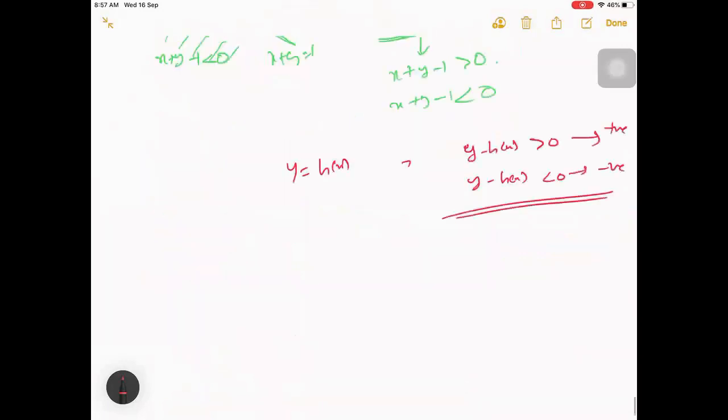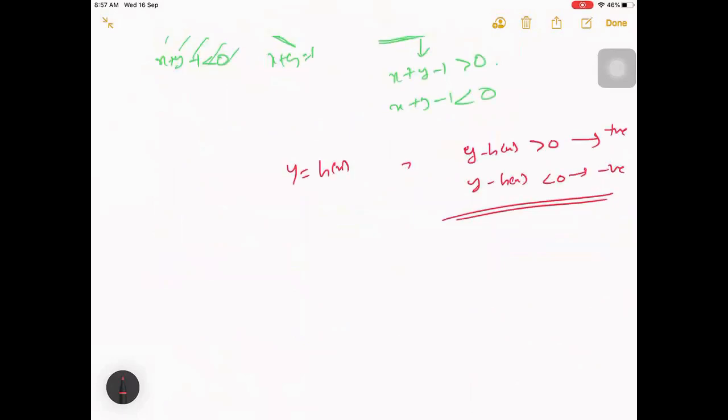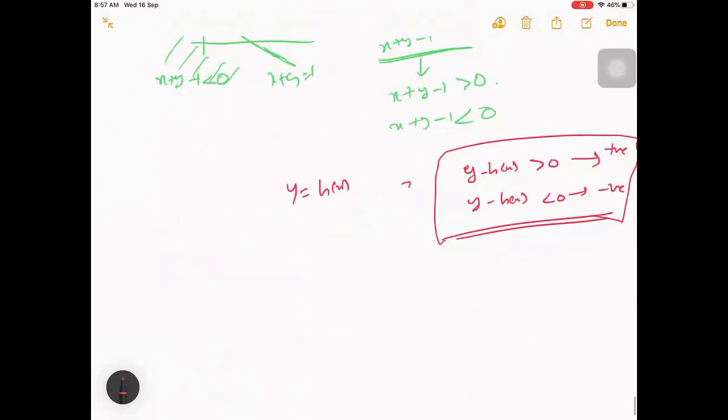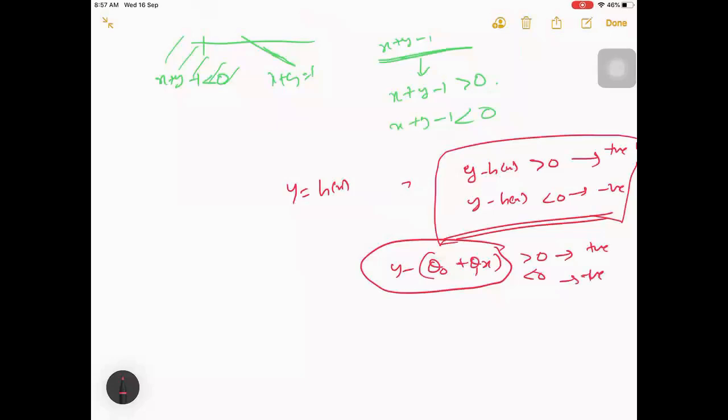Okay, now we have posed the problem. This will be our problem statement, where y minus theta naught plus theta 1 x is greater than 0 or less than 0. We have to compute this. If it is greater than 0, positive; less than 0, negative.